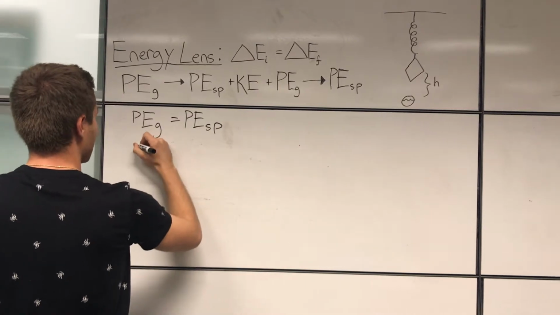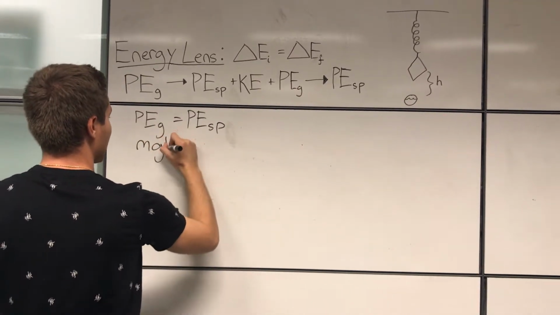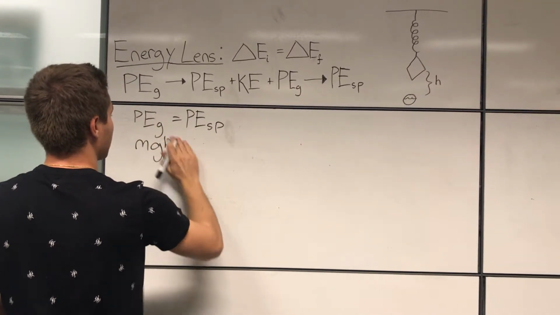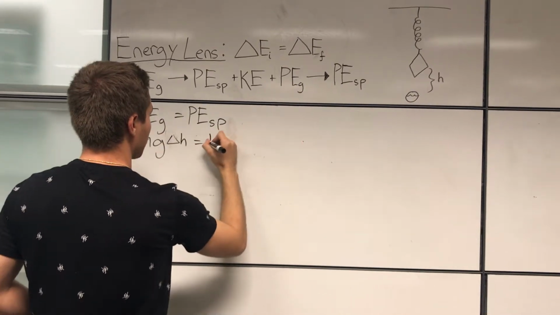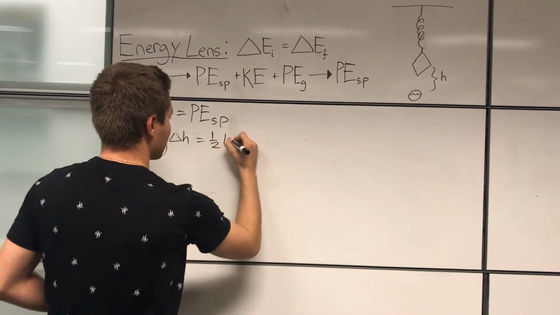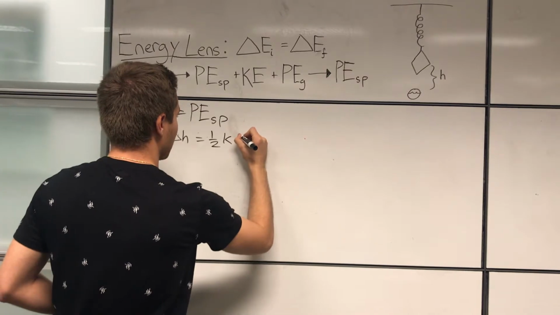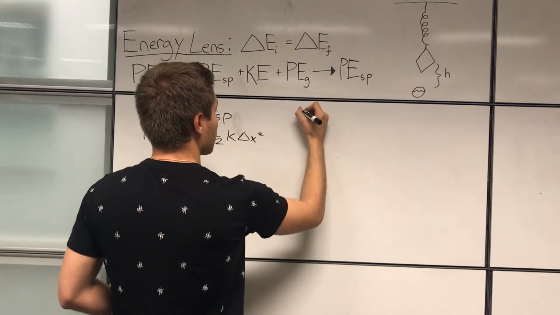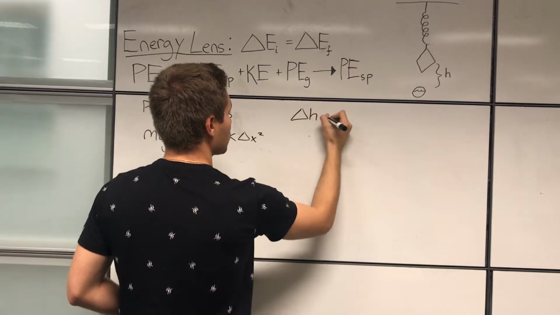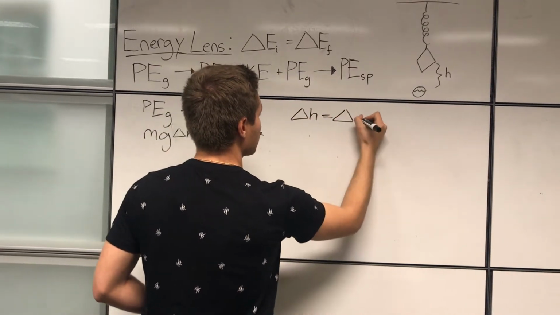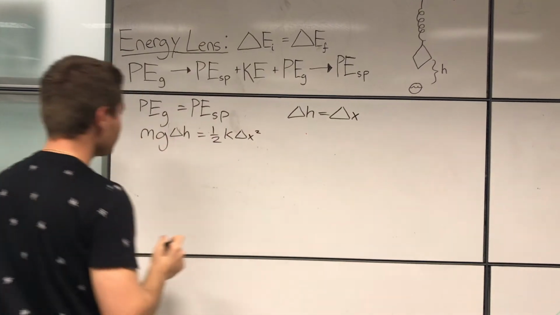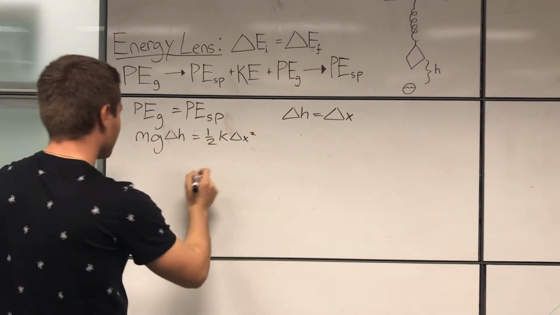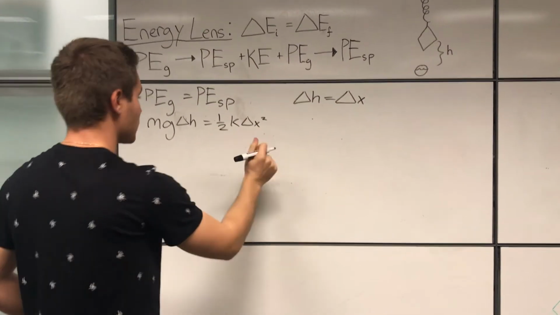When we expand this out, we have mgΔh is equal to 1/2 kΔx squared, where the change in h is equal to the change in x, the displacement. So then we can solve for x.